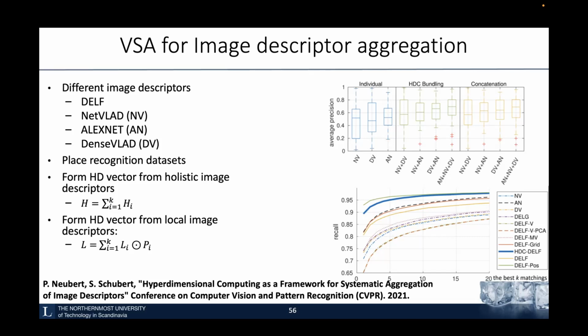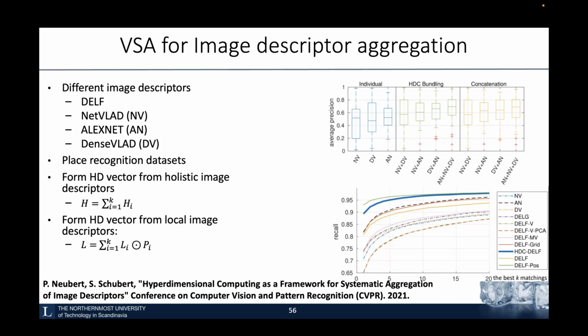The problem is that it's practically challenging to keep multiple copies of these descriptors. If you have your dataset of, I don't know, some thousands of entries, the more descriptors you use, the more it adds to the memory and also to the search time.